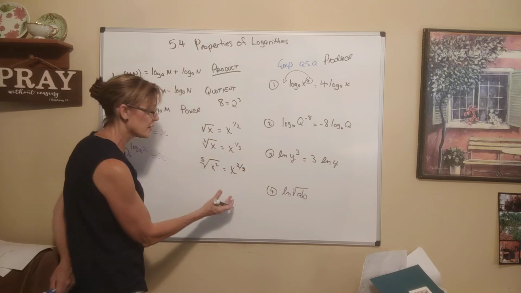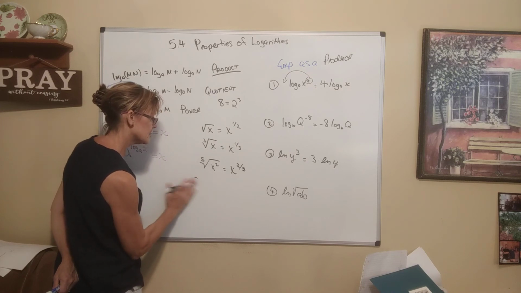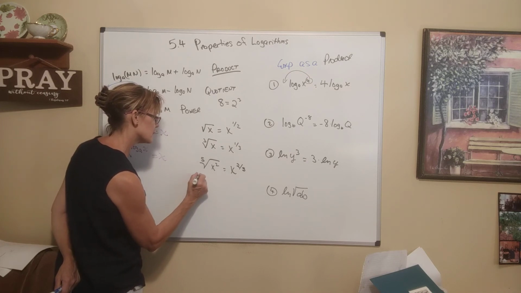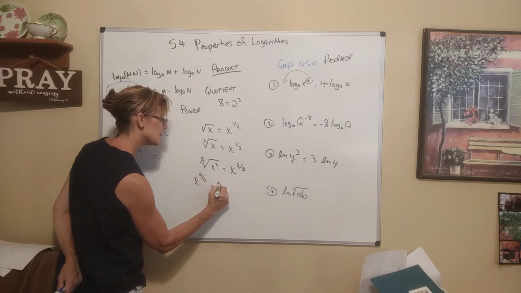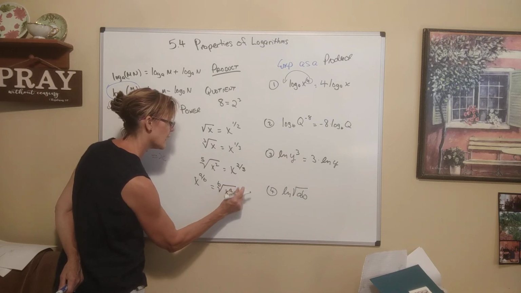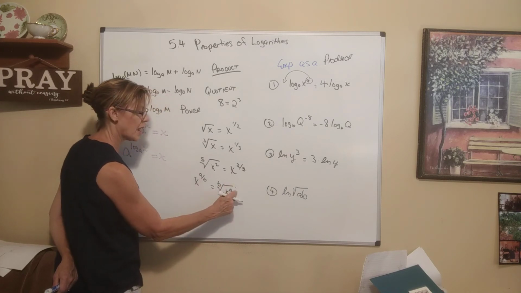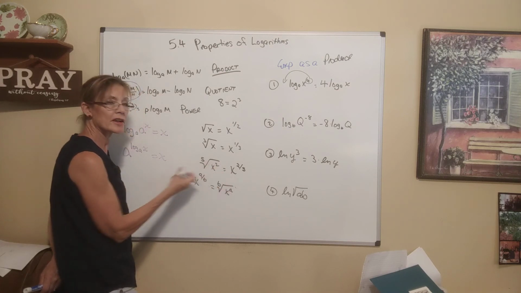Here is the generic way to convert this. If I have the base x raised to the a/b, the denominator b becomes the index. This becomes the bth root of x to the a. So the numerator stays with the power, and the denominator becomes the index. This is how you can convert back and forth.